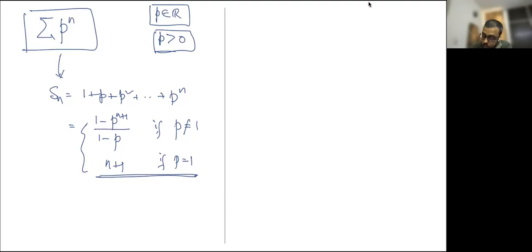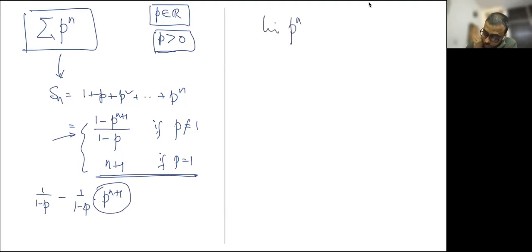Okay, now what about this case? So the behavior is basically going to be determined by the behavior of this sequence, p to the power n plus 1, which is basically the same as the behavior of this.